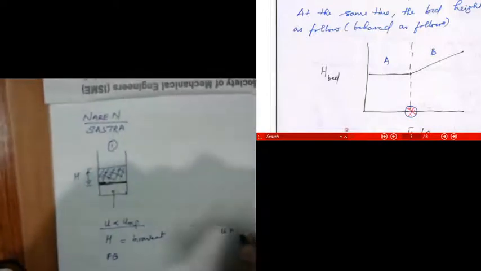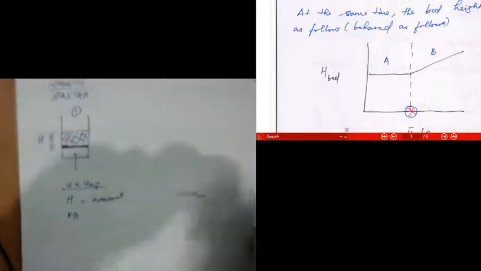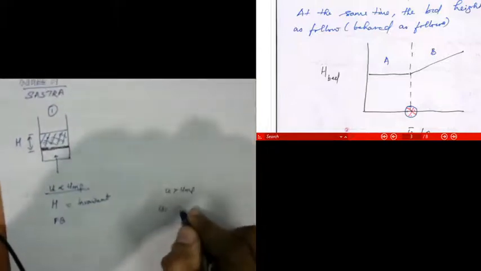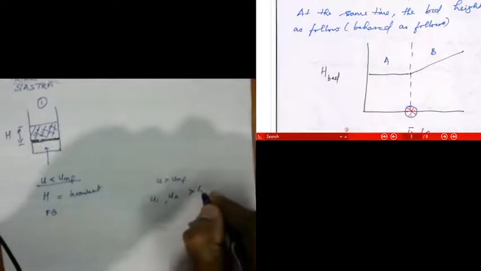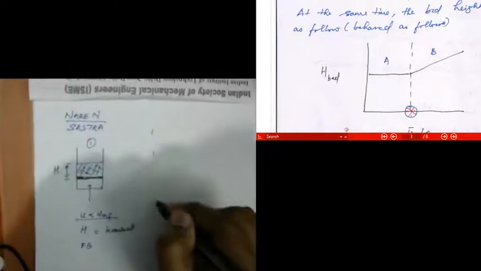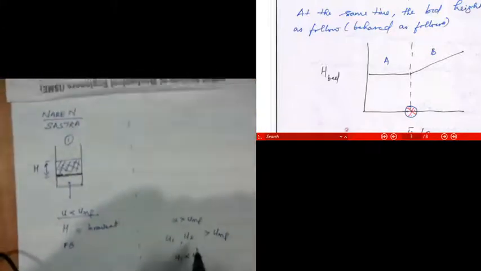Now suppose your velocity is greater than UMF. Let us take two velocities U1 and U2, both of which are greater than UMF, and let us say that U1 is less than U2. So we are considering two other operating conditions, U1 and U2.